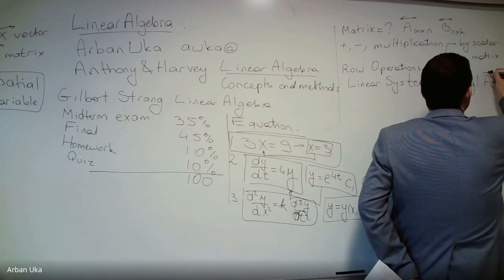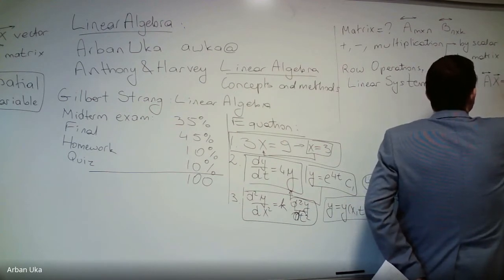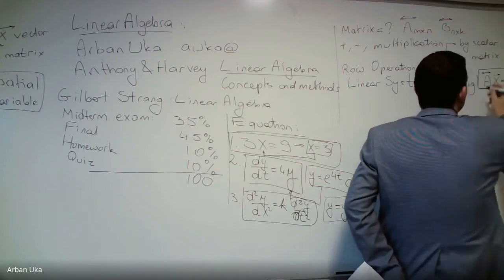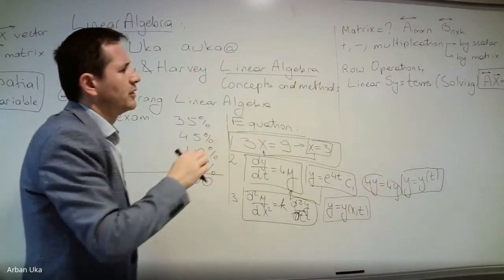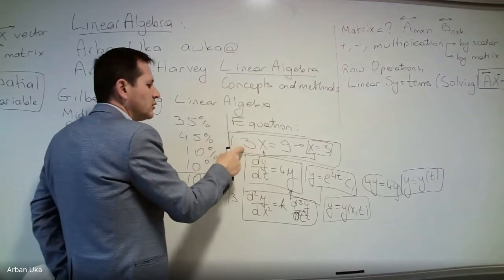We can have a matrix A multiplied by some unknown vector x, and this would be equal to another vector b. Okay? That type of equation looks very close to being equivalent to this.